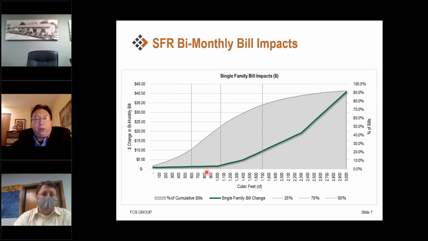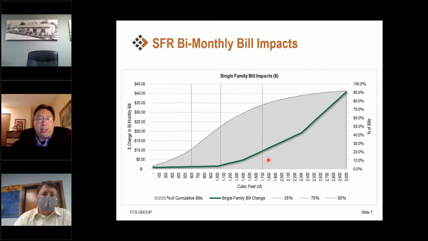And as you can see here, the 4-tiered structure has breakpoints at about 1,000 cubic feet, 1,400, about 2,300, and then everything above 2,300.